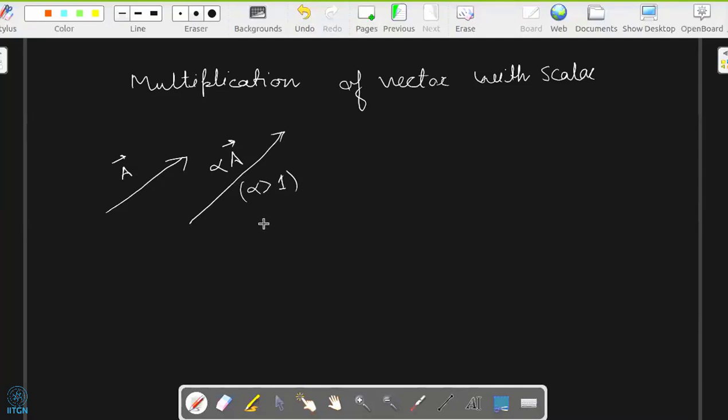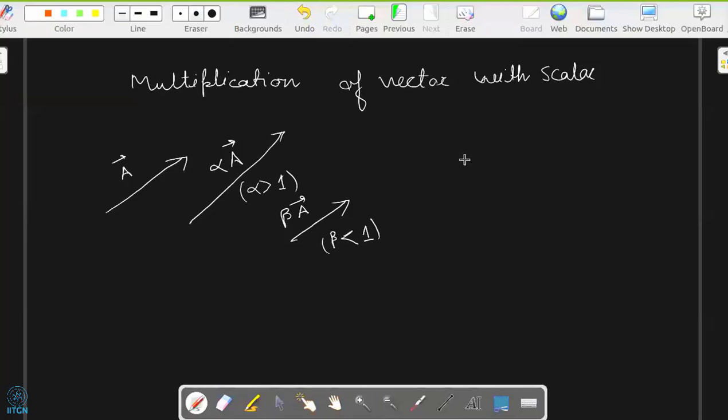The direction is not changing. This scalar quantity is only increasing or decreasing the magnitude. If beta multiplies vector A, where beta is less than 1, it is actually reducing the magnitude of the vector, but it is not changing the direction of the vector.